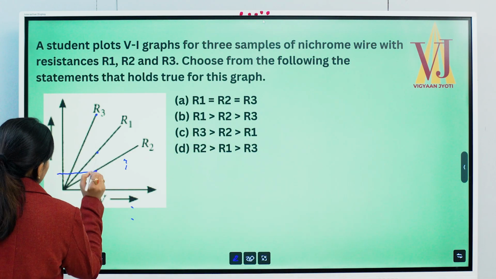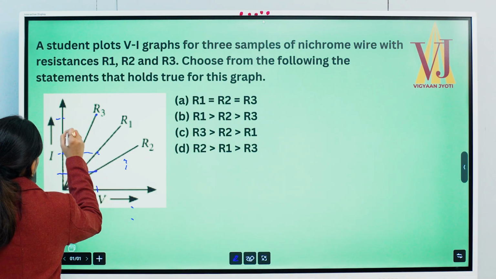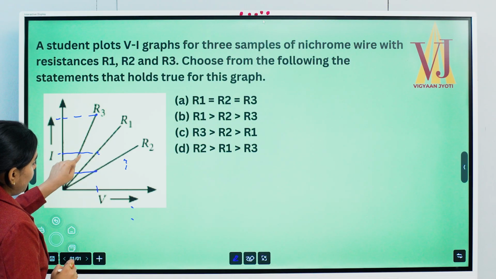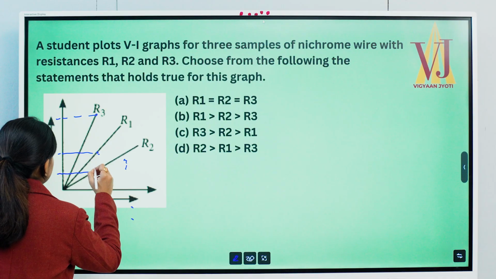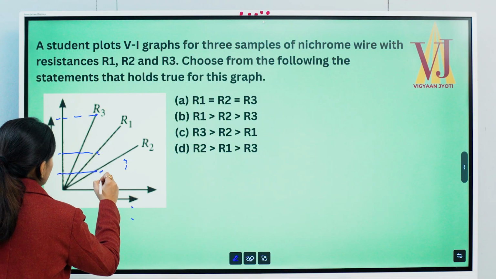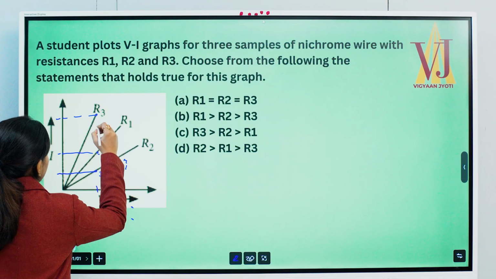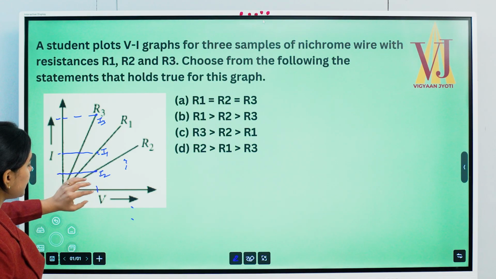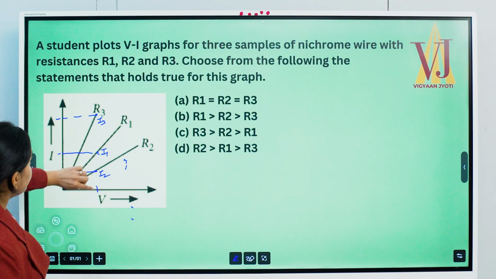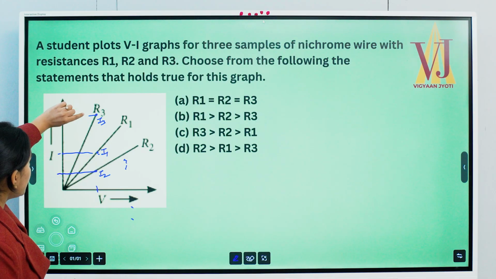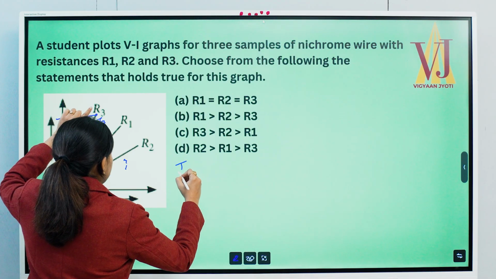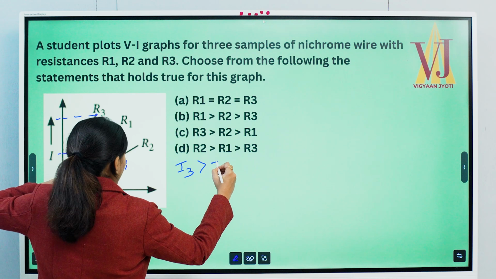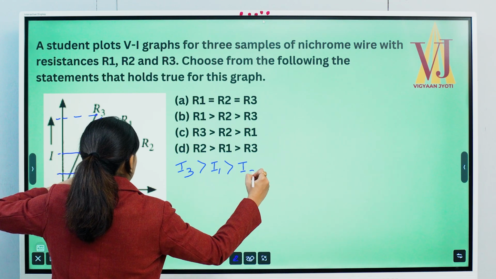At this particular voltage, for the 3 graphs plotted, let's say this is I2, this is I1, and this is I3. If you take a particular value on the x-axis and read the value from the y-axis, you may see that I3 is greater than I1, then I2.